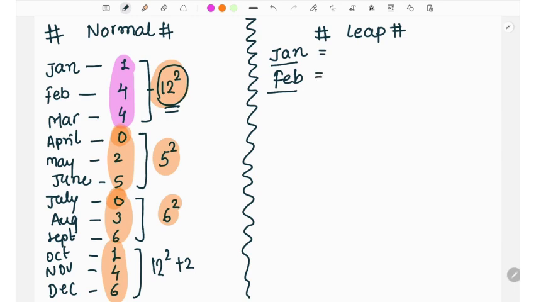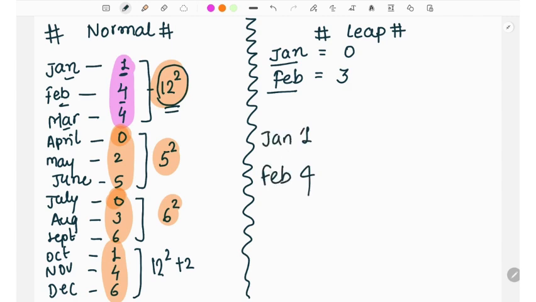The code for January is 0 and the code for February is 3. Now how to remember this? Again, in the normal year we have seen that the codes for January, February and March came from simply remembering the square of 12, that is 144. From that, 1 and 4 were for January and February.